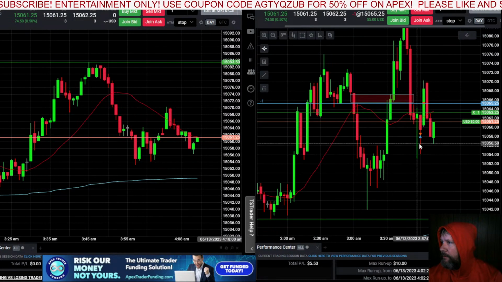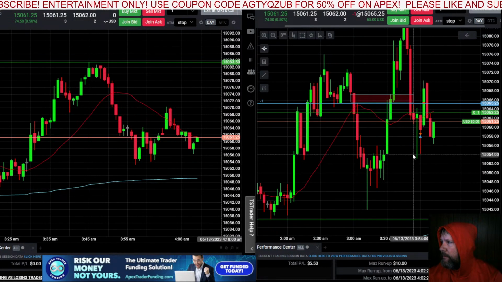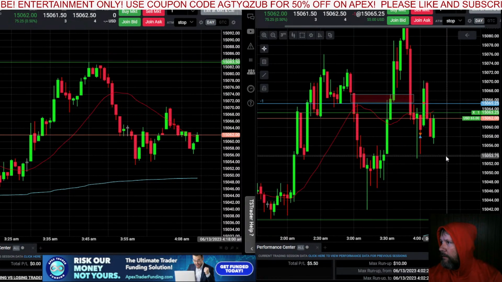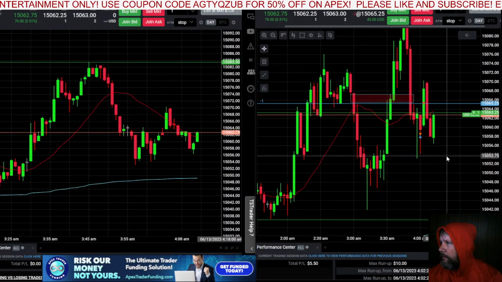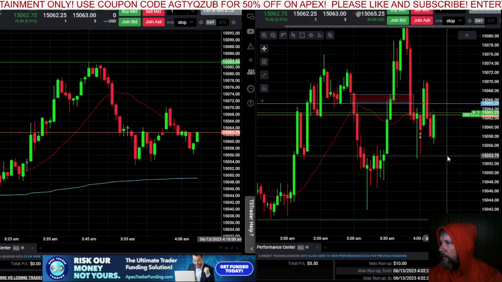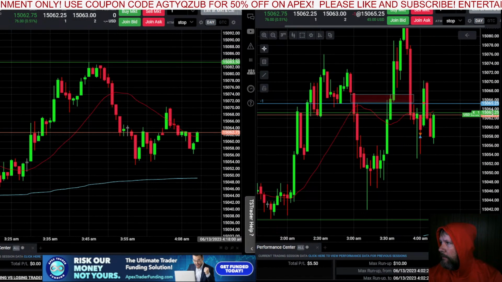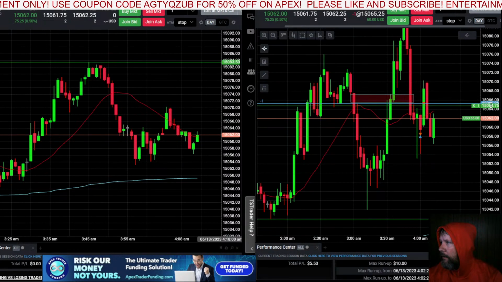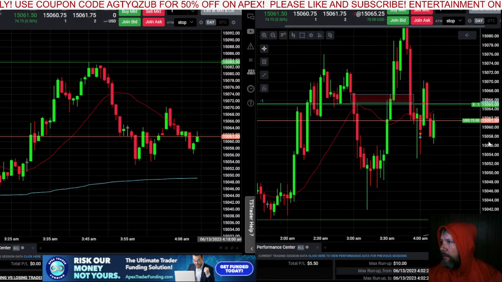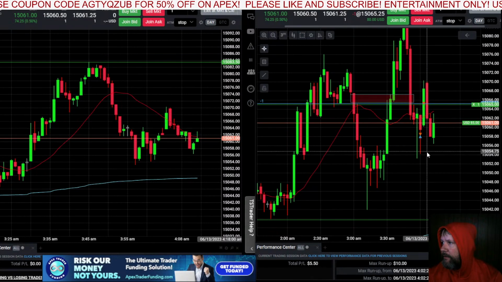It's really not supposed to move my stop to break even until this swing low is taken. All right, let's move the stop back to break even. Let's give it another minute. Might stop us out even at break even. Really shouldn't be here until we take this swing low.